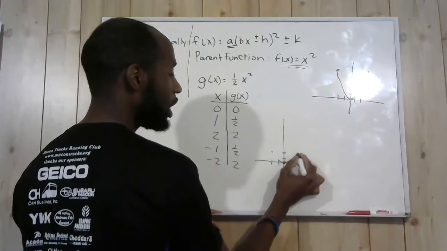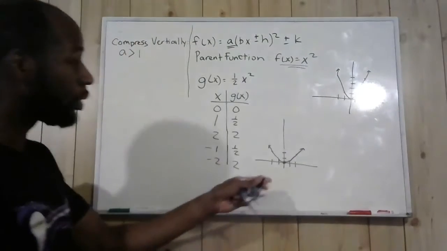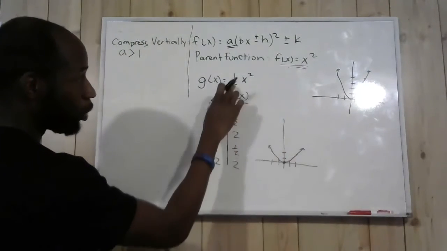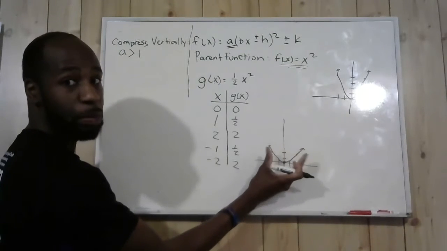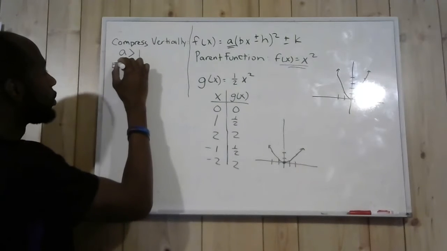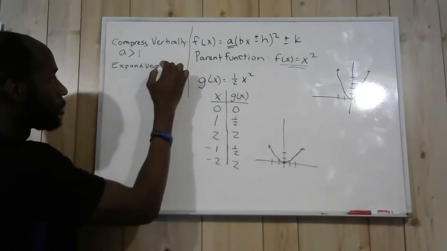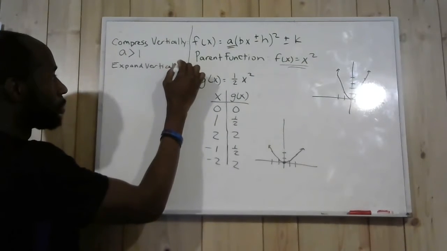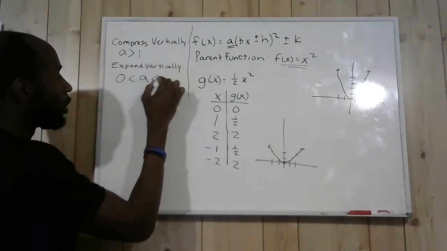So if you see that there, this isn't perfect, but I don't know if you can tell that with A being between 0 and 1, it expands the function. So to expand vertically, A is between 0 and 1.